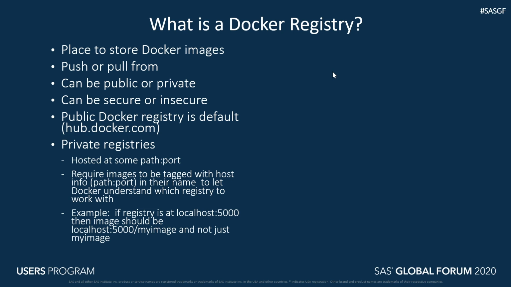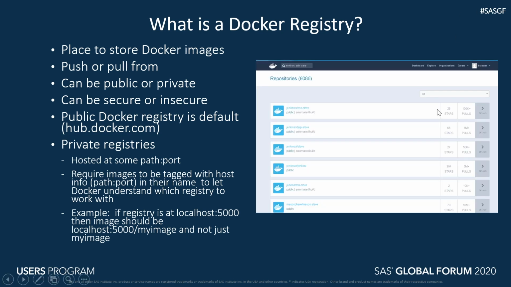Having that information, the host, the path to get to it, and the port number, as part of the image name tells Docker that it should reference the private registry as opposed to the public one. Without that information, if you do a Docker push or pull, it will simply try to go out to the public Docker registry to get the image or to put the image up there.